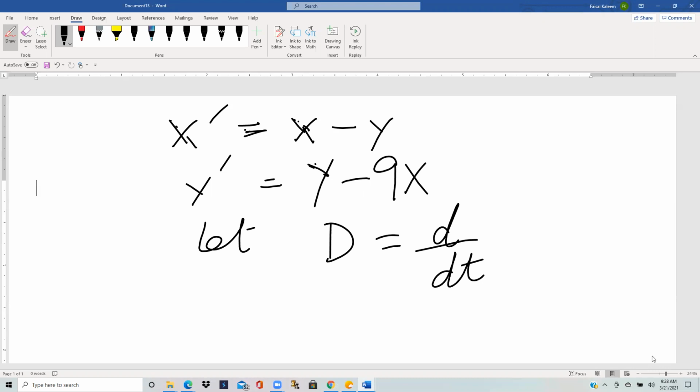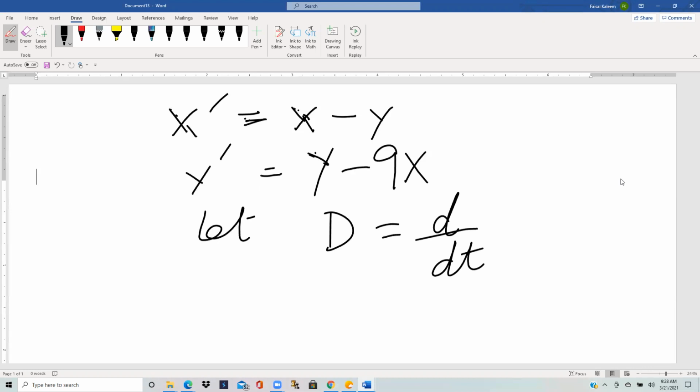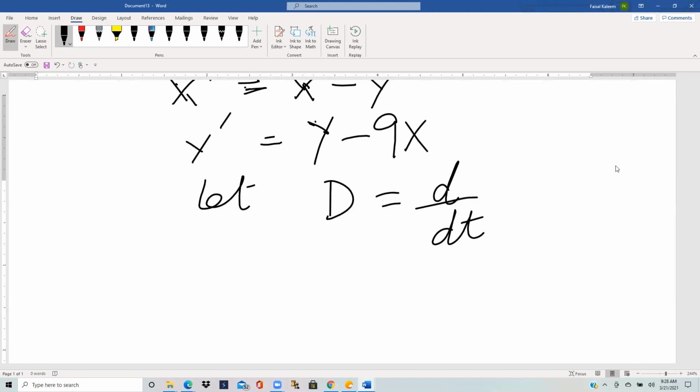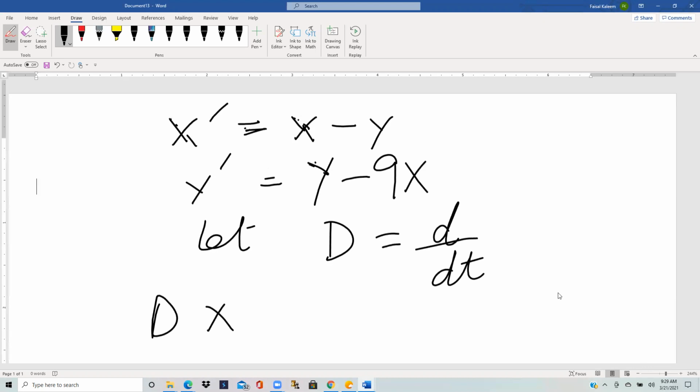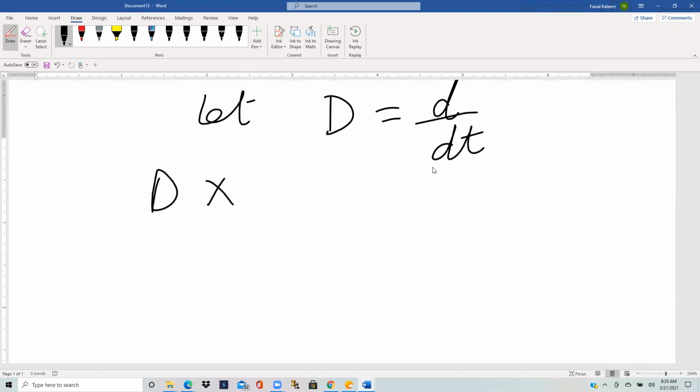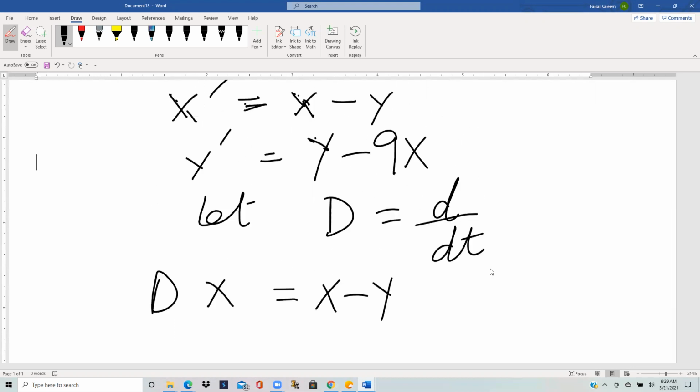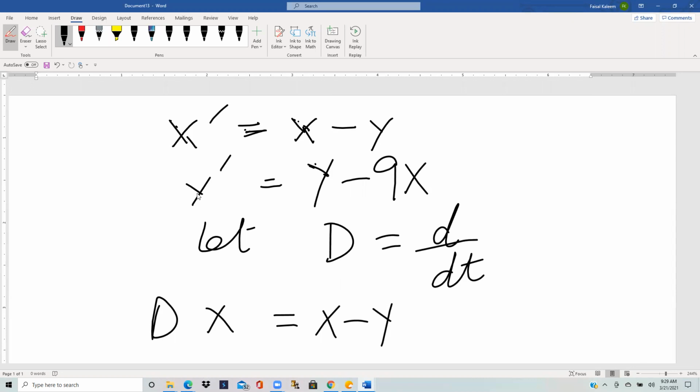So we use this symbol. And since this is dx over dt, this becomes Dx, and this is equal to x minus y. And the second equation becomes Dy is equal to y minus 9x.